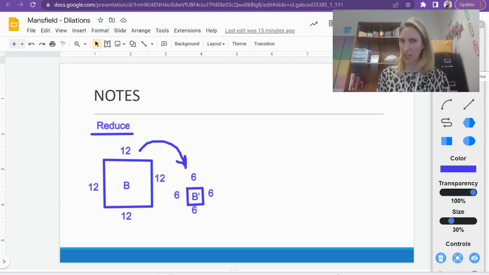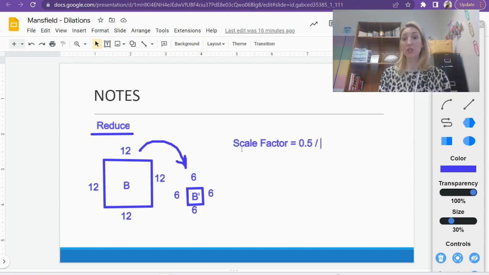Do you guys agree that multiplying by half is the same as dividing by 2? Hopefully you understand that. So what I can say is that my scale factor is half, 0.5.